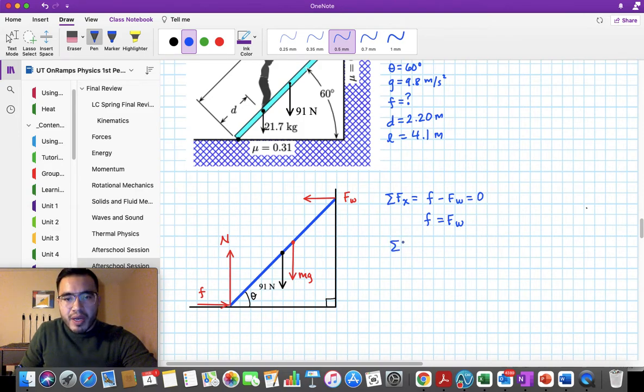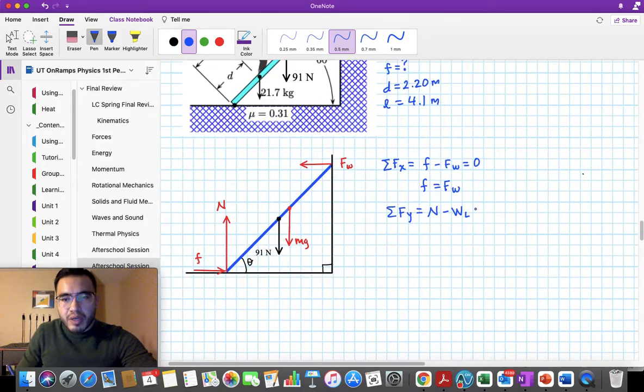Now the y direction is a little bit different because now I have not 2 but 3 forces, right? So up is positive for this one, so I have the normal force minus the weight of the ladder, I'm going to say WL as I have it over here, minus mg, that is the weight of the toddler, and that is equal to 0.